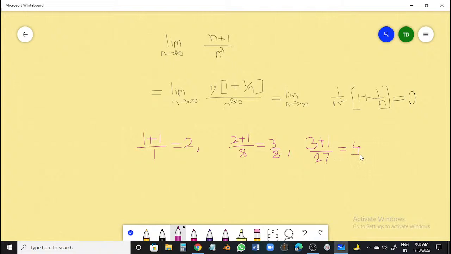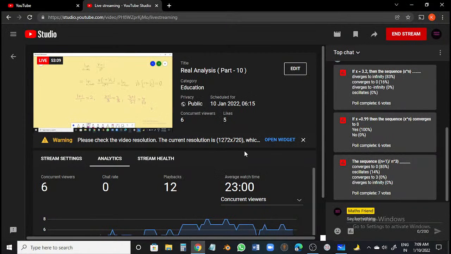It is still smaller than that. So you can visualize using decimal representation how rapidly it is going down towards 0. It is a fraction, and you know n is positive, so there are no chances for this to cross 0 and go to the negative side. It will never be negative, so it will be positive but rapidly falling down, so it goes to 0. That's the thing. So I think it was quite fine.